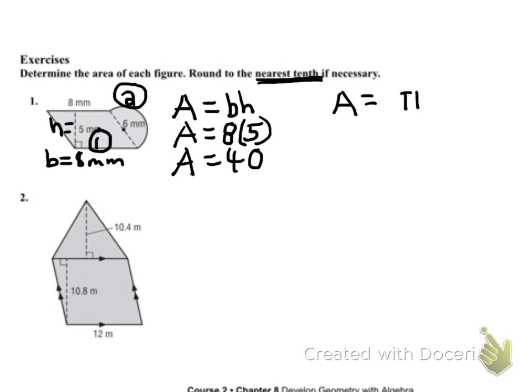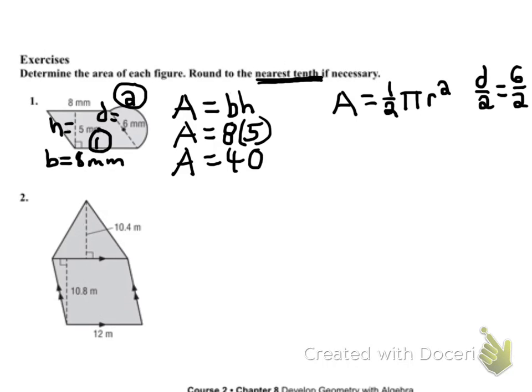Now if we look at number 2, which is our half circle, remember that the area of a circle is pi r squared, and we'll take half of that to get our semicircle. They give us a diameter of 6, so we need to take our diameter and divide it by 2 to get r, so that would be 6 divided by 2.